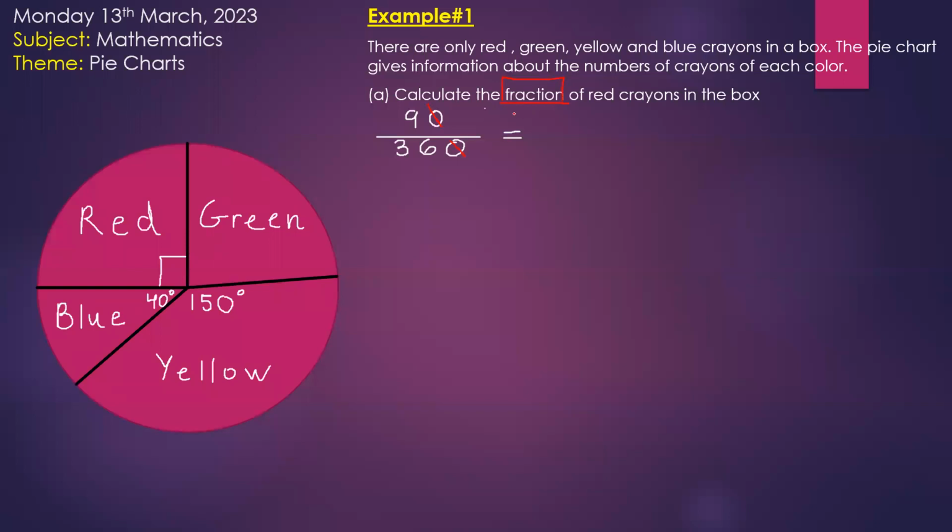So we're trying to find a fraction. The first thing you have to do is express the amount that we have for red as a fraction. So we figure out how many degrees is the red divided by how much in total. That's what a fraction is. So we try and express it as a fraction. That's why we divide it.